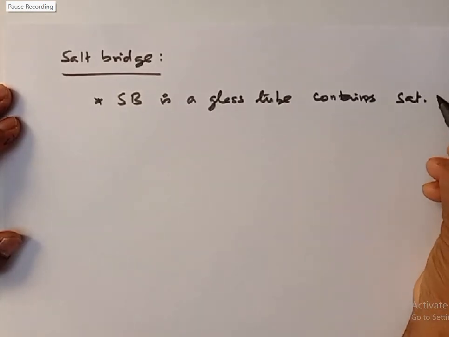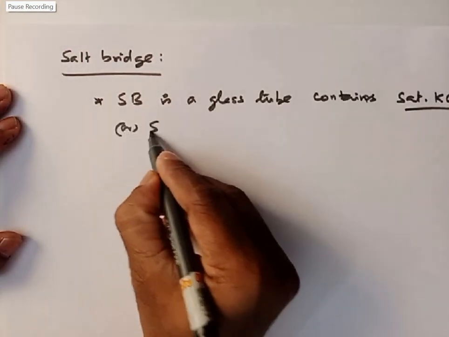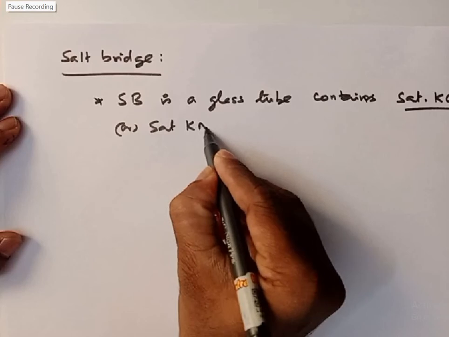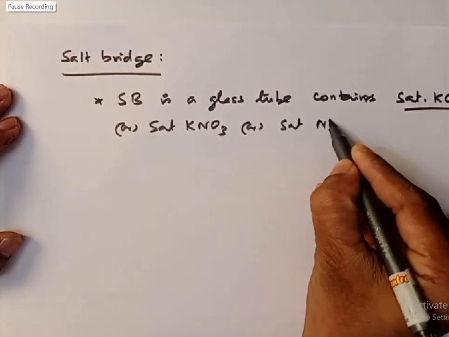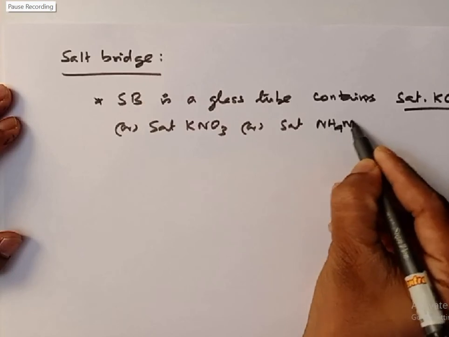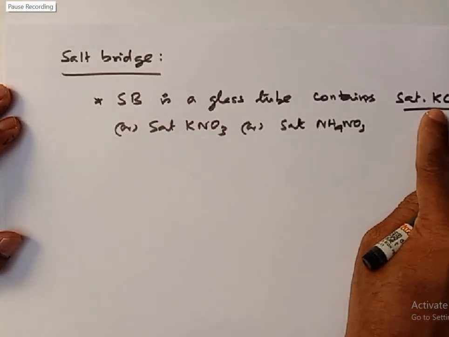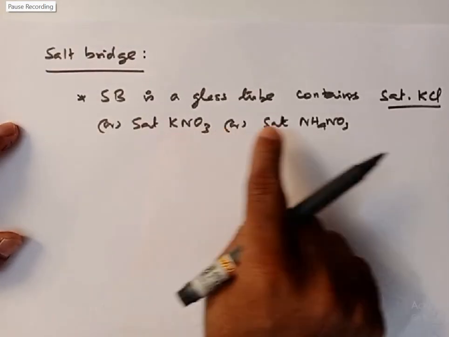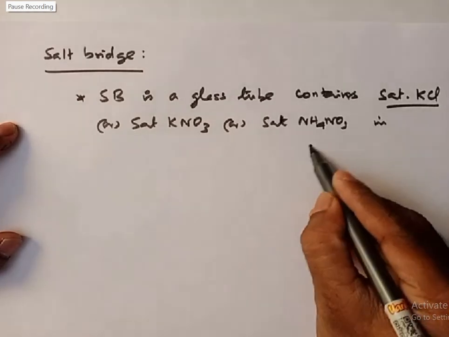saturated potassium chloride or saturated potassium nitrate or saturated ammonium nitrate. Okay, you can take potassium chloride or potassium nitrate or ammonium nitrate in agar-agar gel.